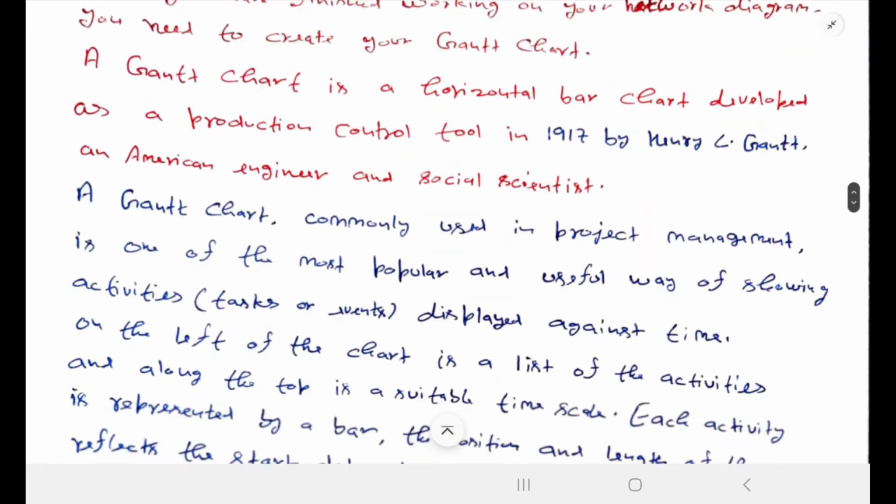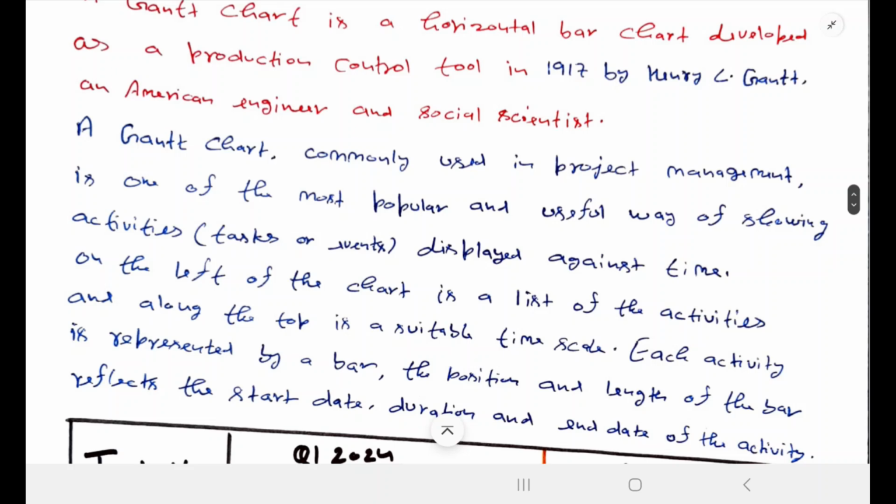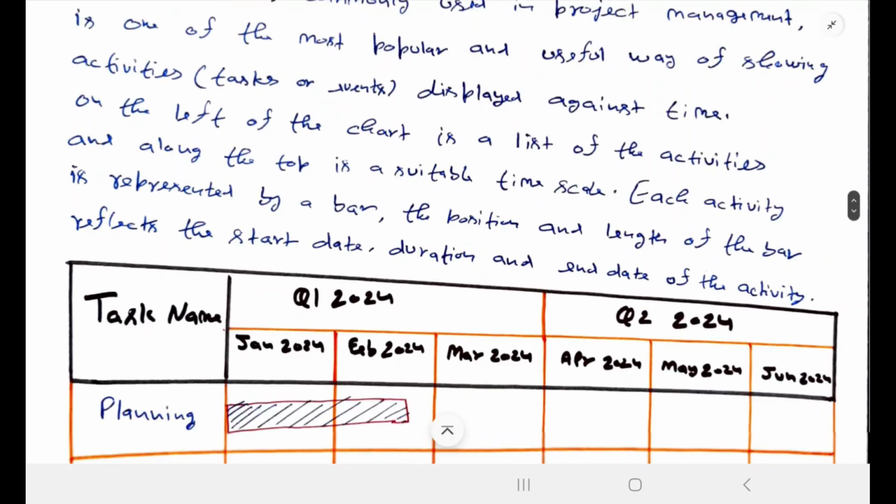A Gantt chart commonly used in project management is one of the most popular and useful ways, as we have discussed earlier. Each activity is represented by a bar. The position and length of the bar reflect the start date, duration, and end of the activity.